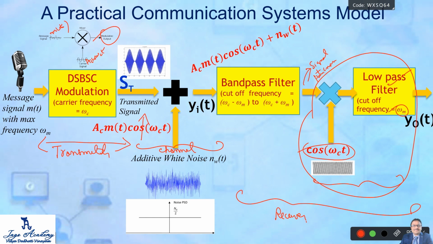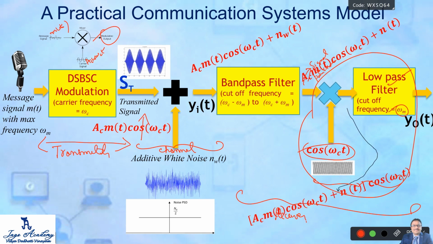Next. What do we get at the output of the bandpass filter? Signal plus bandpass noise. And what you get here is this multiplied by cos omega ct. I will remove all these things.